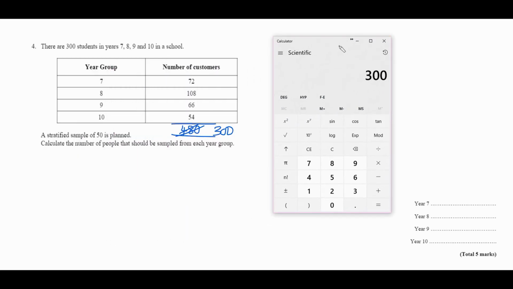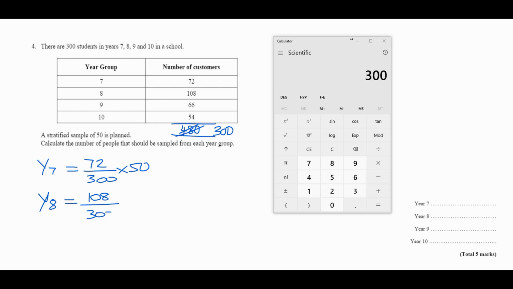Now we are going to do some quick calculation of each category. So year 7 is 72 over 300, the sample size is 50. And year 8 is 108 over 300 times 50.